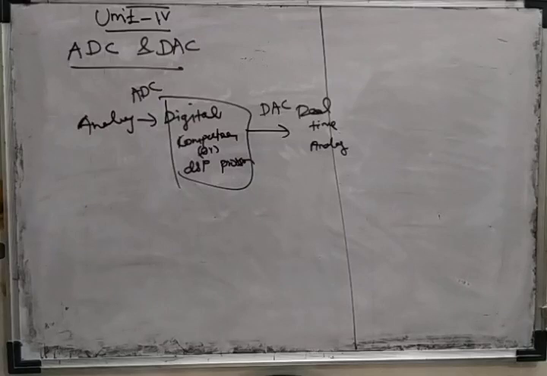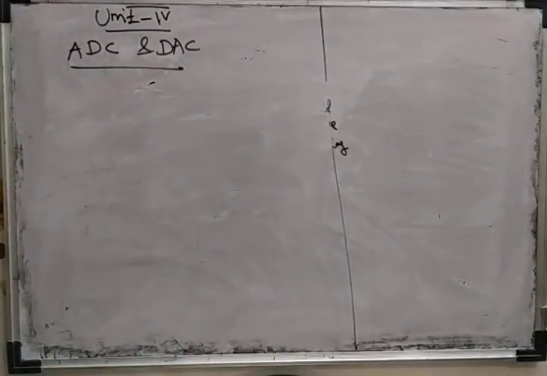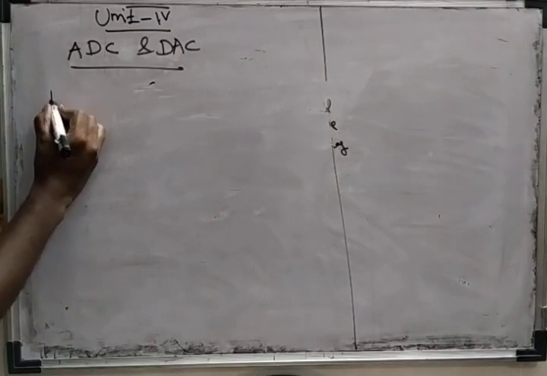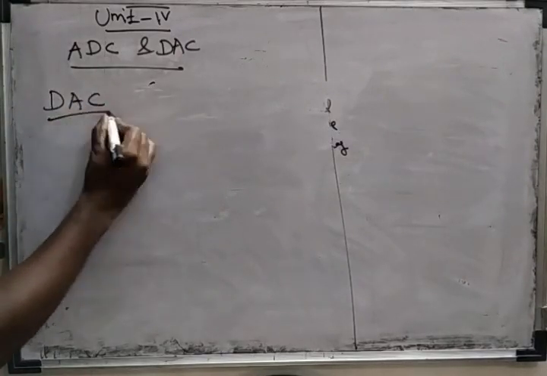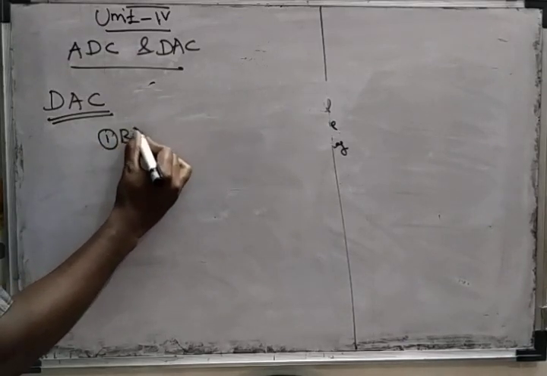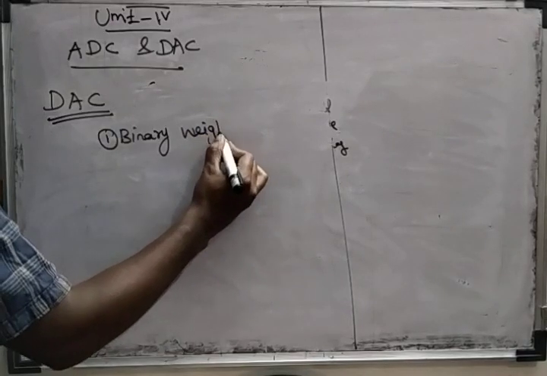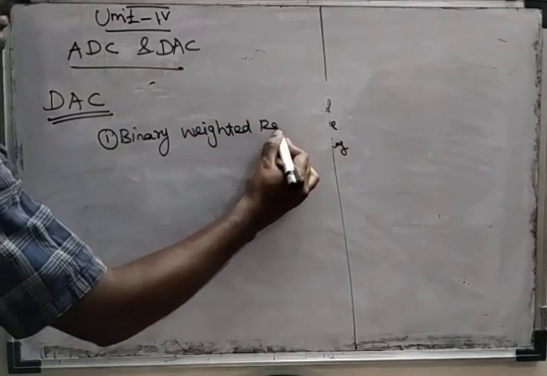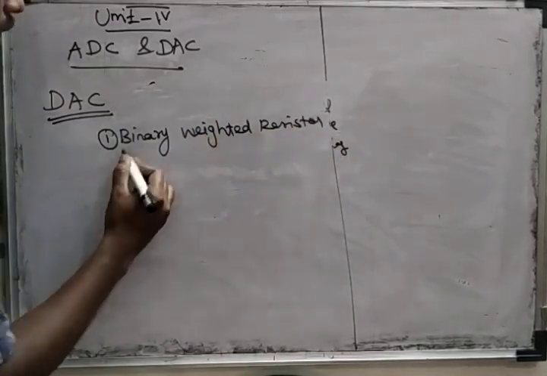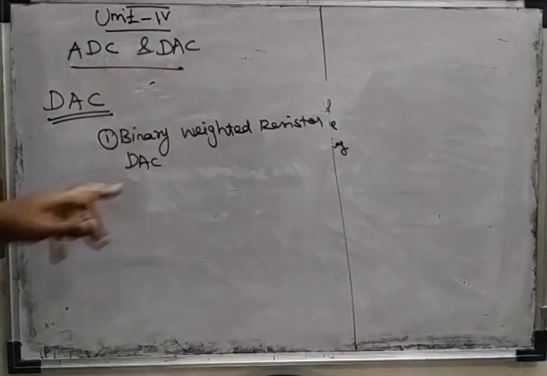So in unit 4, we are going to learn about binary weighted resistor DAC.